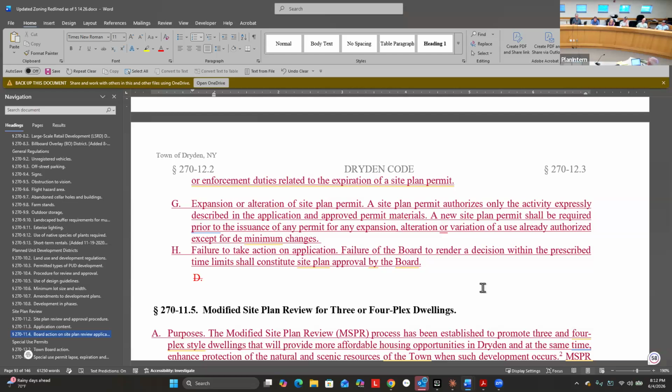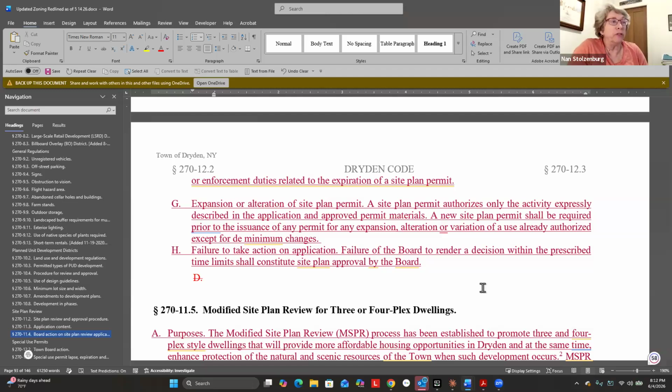If the board is waiting for, say, project financing to happen, that's not the board failing to act. Or anything where the applicant doesn't show up or doesn't provide something, that's not really the board failing to take action.